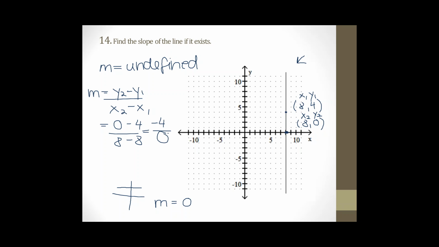And in math, when you are dividing by 0, this is undefined, because there is no way you could do the reverse: whatever number you say it would be, for example 0, there's no way you would multiply these numbers together and get back a negative 4. So it's undefined. Vertical lines are undefined and horizontal lines are 0.